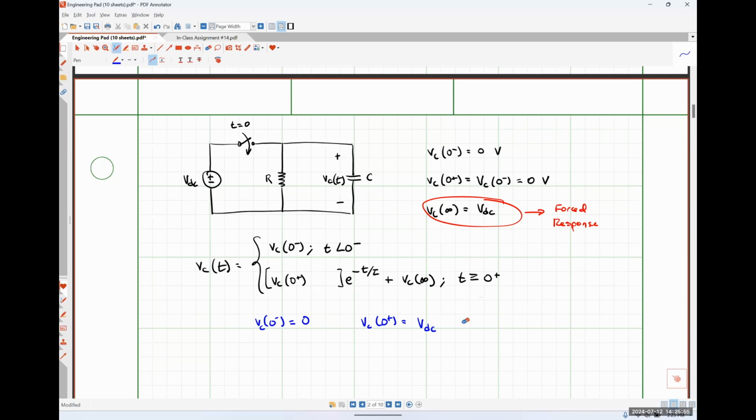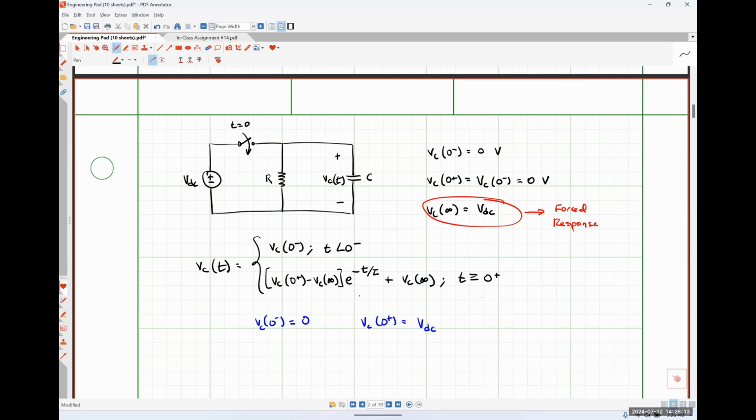So we're going to make a very small correction here that'll make things work out right. So instead of just having VC at 0 plus times e to the minus t over tau, we're now going to have VC at 0 plus minus VC at infinity.